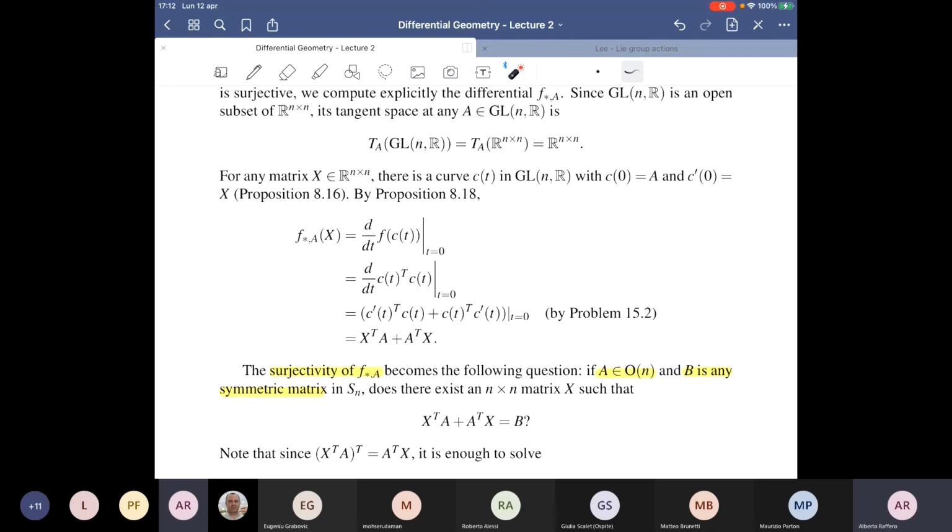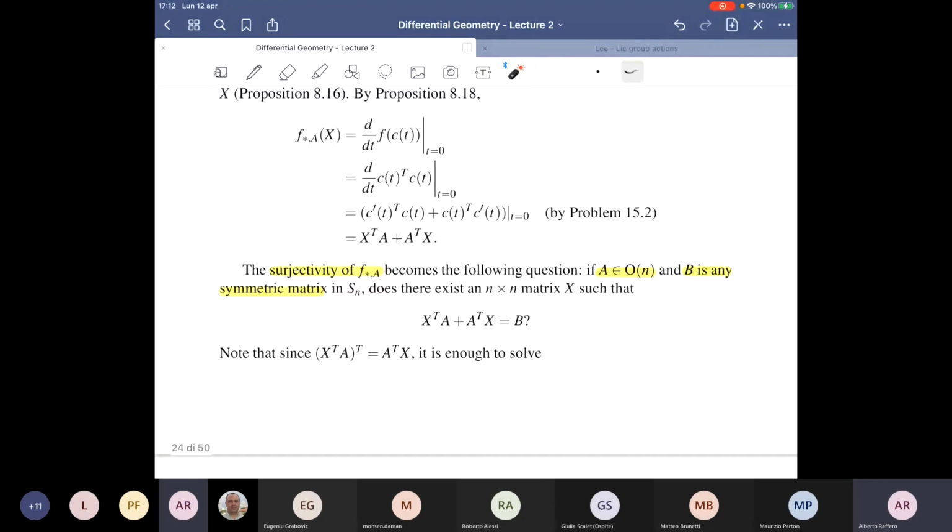Evaluating at t equal to 0, what you get is the derivative of C, which is X at time 0, so X, and you get its transpose, and then you have C at time 0, which is precisely A, and the same for the second summand. So you end up with the differential of f at A evaluated at the matrix X, which is given by this formula: the transpose of X times A plus the transpose of A times X.